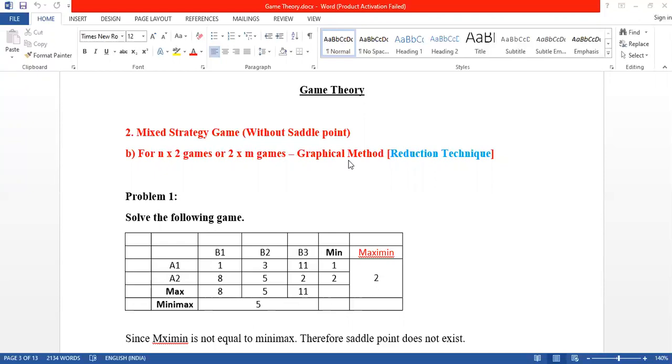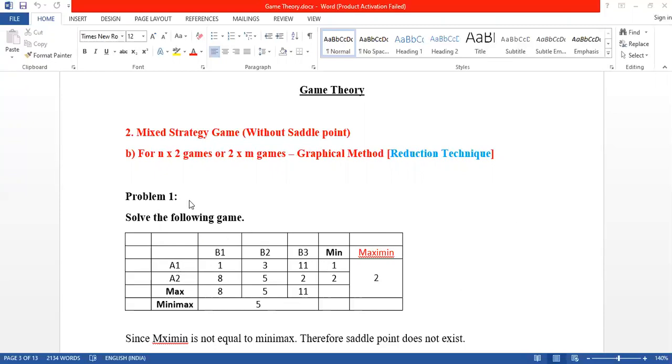Whatever method we study in this session is only a reduction technique, so that either of the methods can be used, that is, the saddle point method or the odd method, right? So the graphical method does not give you a final solution. It gives you a reduction technique so that you can convert your matrix into a form where the saddle point method or odd method can be applied, right?